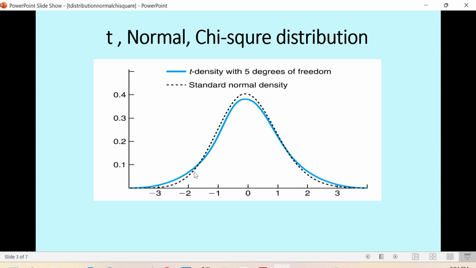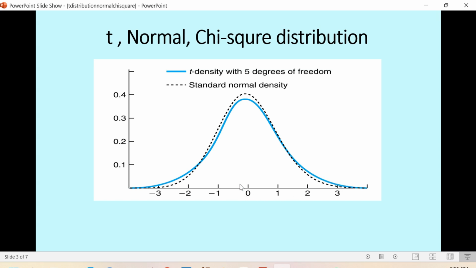You can see these two curves are quite close, but not the same. The standard normal probability density curve has a higher peak but lower tails, and the t random variable has a slightly lower peak value and a longer, flatter tail.